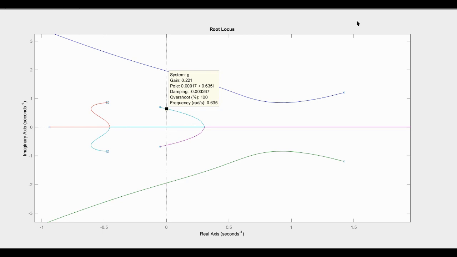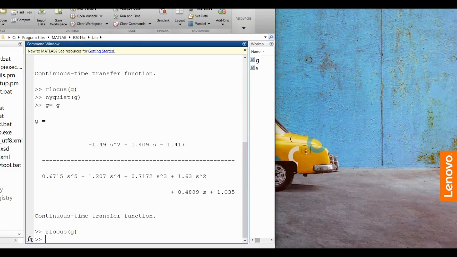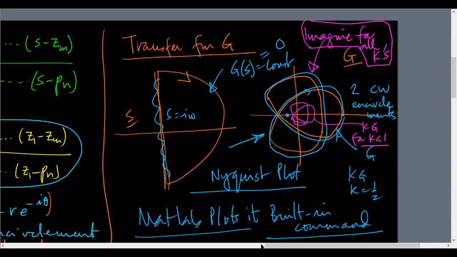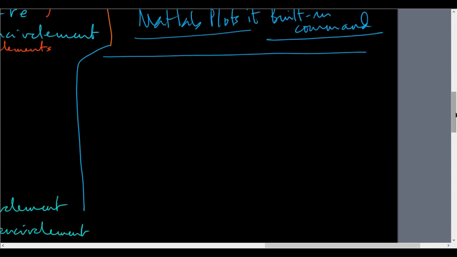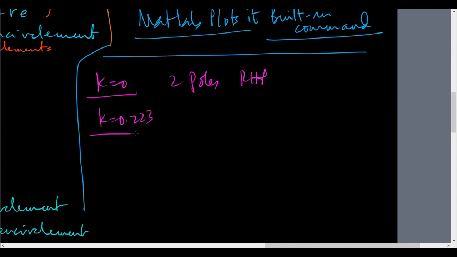So let's write that down. K equals 0, 2 poles in the right half plane. K equals 0.223, 4 poles in the right half plane.